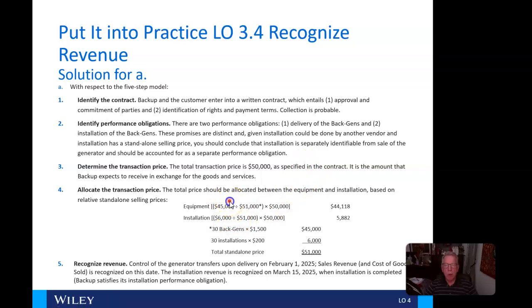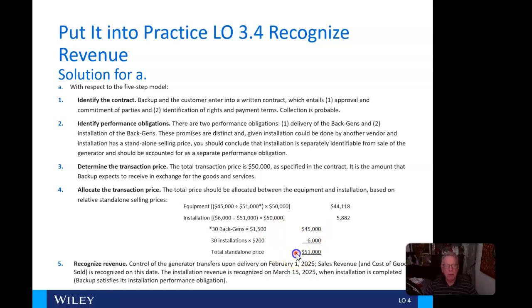And we have the 45,000, and then we divide that by the 51,000 times the $50,000 total transaction price. So that 51,000 is obtained by taking the 30 generators at 1,500 here at 45,000, and then the installations at another 6,000.